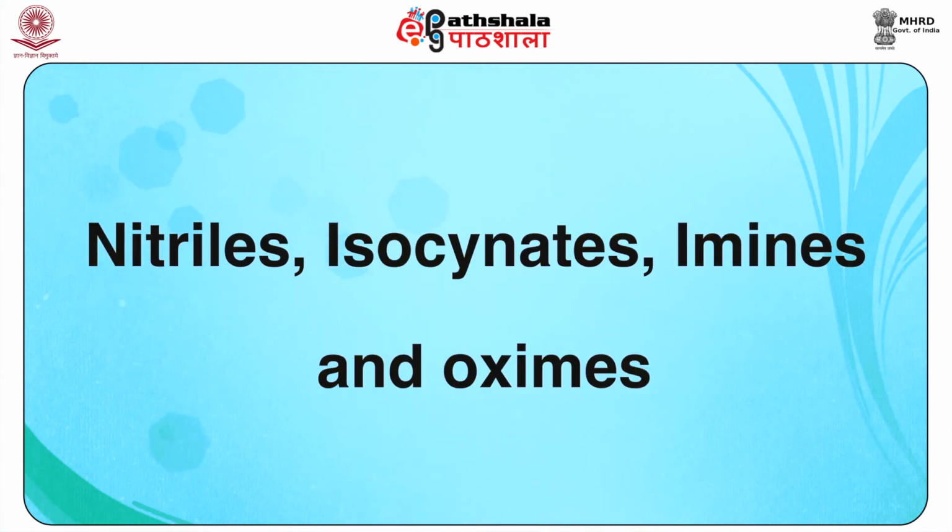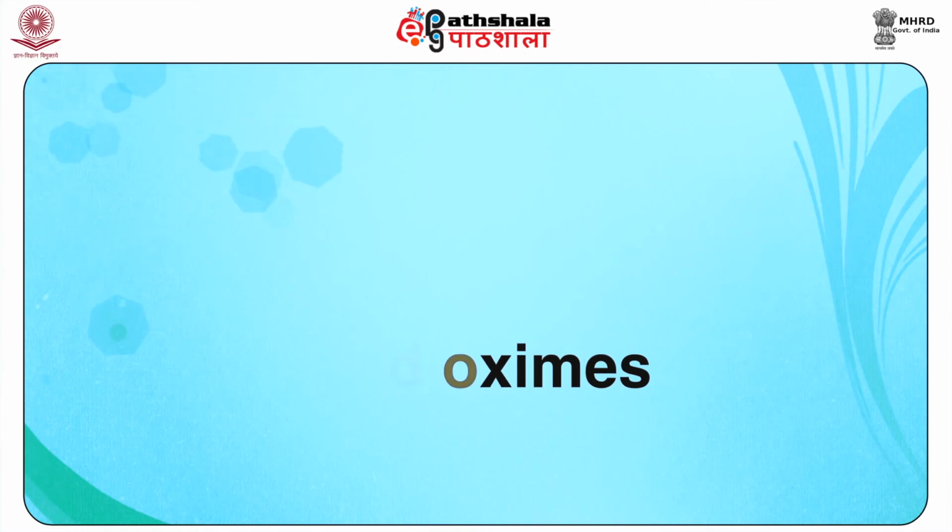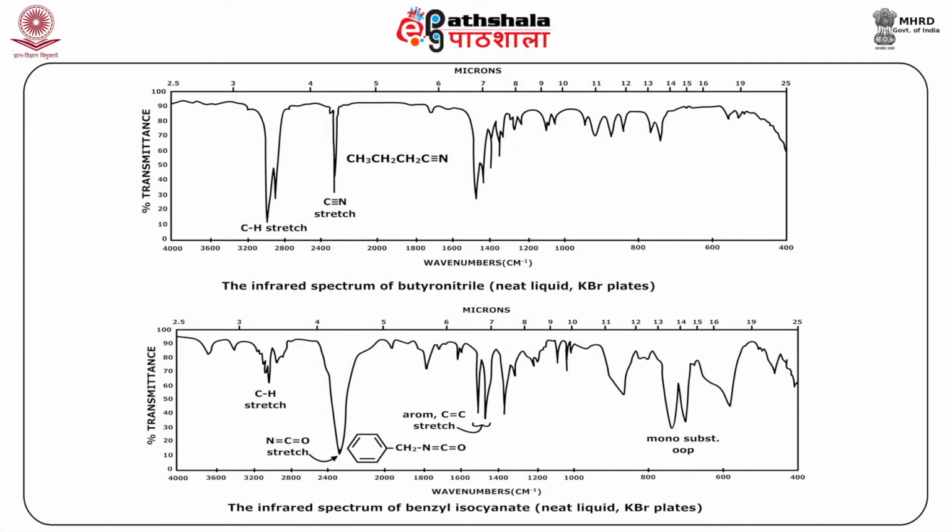Now students, we move on to the next functional group series, that is nitriles, isocyanates, imines and oximes. The C≡N group in the nitrile group gives an intense sharp band in the region of 2280 to 2200 cm⁻¹.